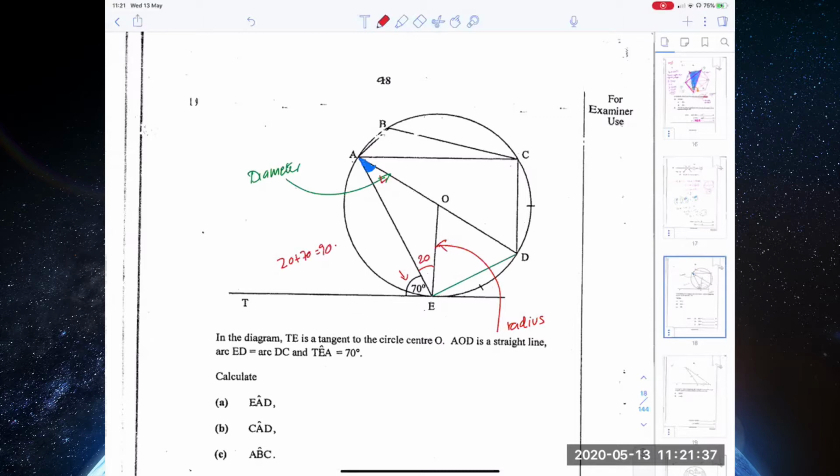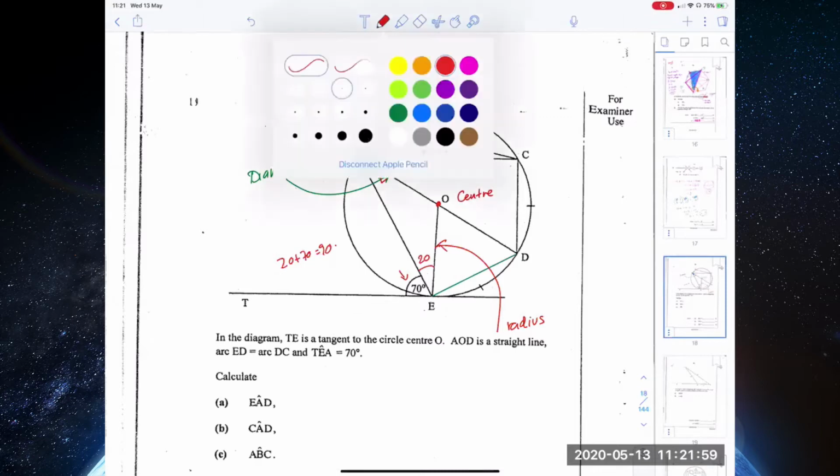So we know this is 20. What about this line? OE, do you see OE? And OA, what can you say about these two? If this is the center. What can you say about those two lines?